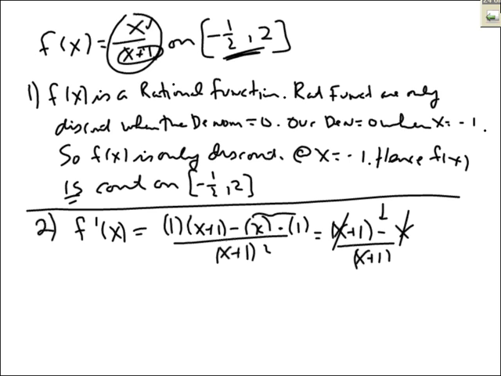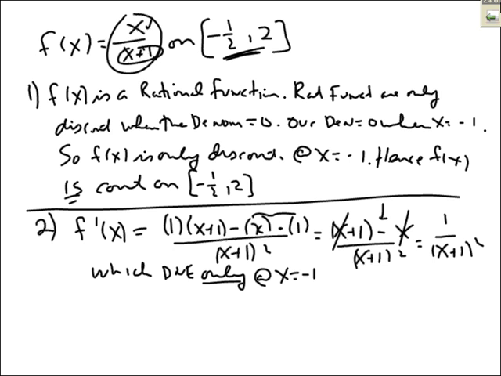X minus x is gone, so you just get 1 over x plus 1 squared, which does not exist only when the denominator is 0. It does not exist at negative 1, and negative 1 is not in our interval. Hence, f prime of x is differentiable on negative 1/2 to 2.